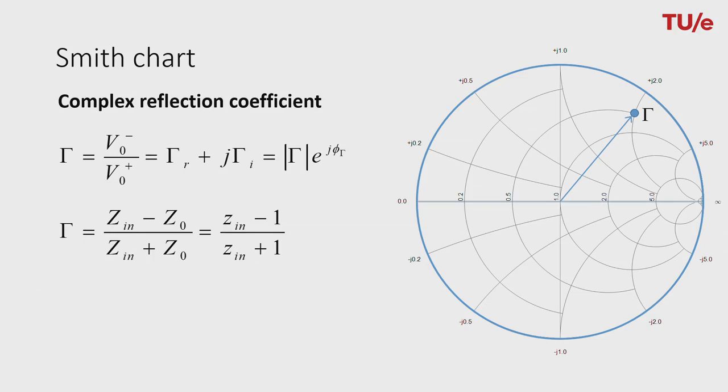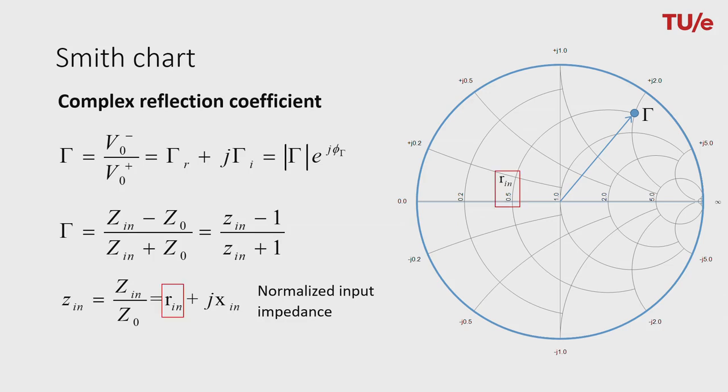What do we see? The normalized input impedance, normalized to the reference impedance, consists of a real part and an imaginary part as well. If we plot the real part in the complex domain of the reflection coefficient, so on the Smith chart, and keep this real part constant, we walk along one of these circles, as indicated here in the Smith chart.